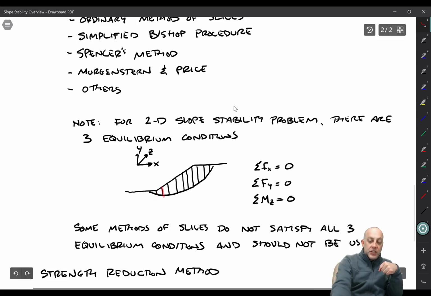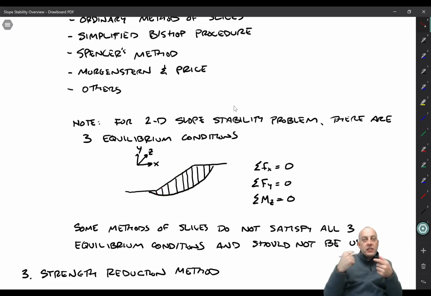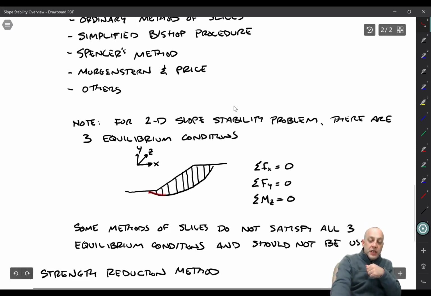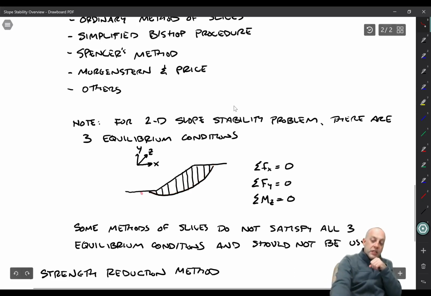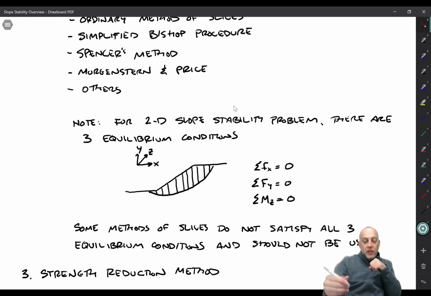Then we can divide it geometrically into vertical slices, make assumptions about how those slices interact, and solve for the factor of safety. We don't know if that circle is the critical one that's going to cause the lowest factor of safety to come out of our calculation. So we would then try another circle, maybe like that, and then another one like this, and we repeat that process thousands of times typically to find the one that gives the lowest factor of safety.